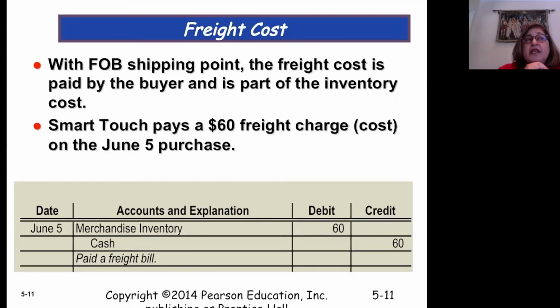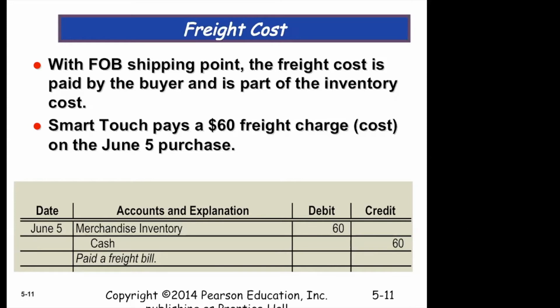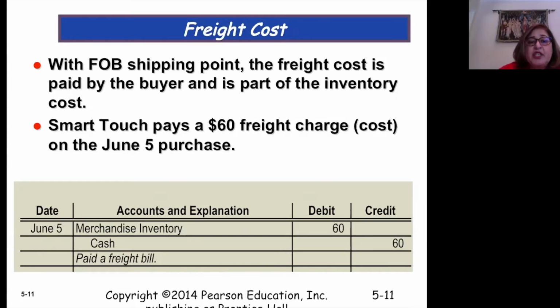If we don't include the shipping cost in the cost of inventory, then when we want to add a markup to it and sell it, we are shortchanging ourselves. Does this make sense? So the only time you debit merchandise inventory for shipping cost is when we are the buyer.